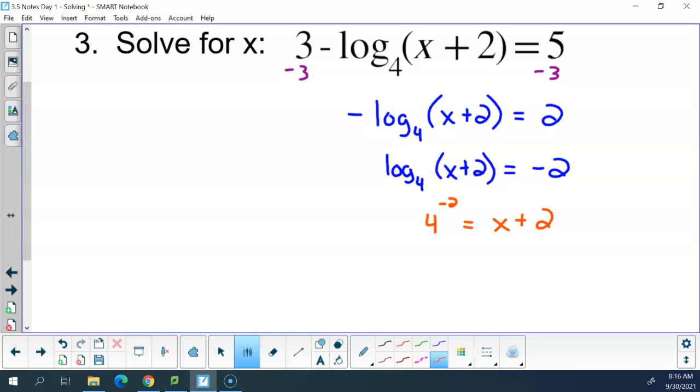Right? 4 to the negative 2 power is 1/16. If I'm going to subtract 2 on the right side, I'm really going to subtract 32/16 on the other side. And that gives me negative 31/16.